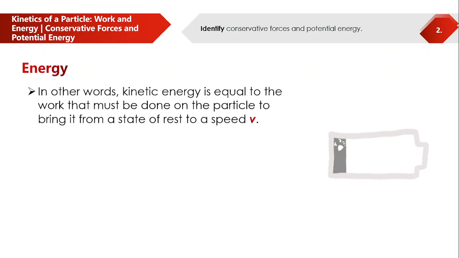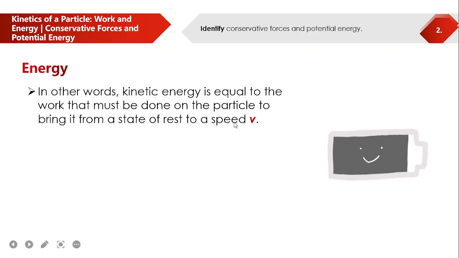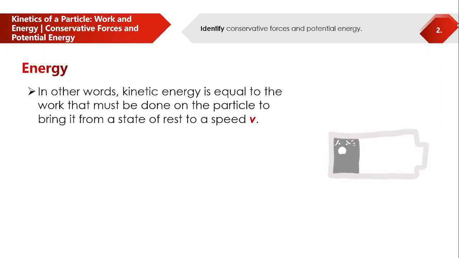So, in other words, kinetic energy is equal to the work that must be done on the particle to bring it from a state of rest to a speed v. Okay? So that's your kinetic energy. There is no kinetic energy if your particle is at rest.